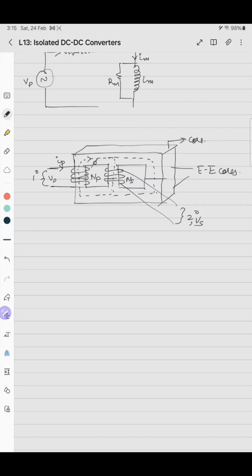Basically, if we use Faraday's law and Fleming's right hand rule, some flux will flow like this and be confined to the core. The useful component of the flux, which is used for induction of the secondary voltage, is the useful flux, and the other flux is the leakage flux.